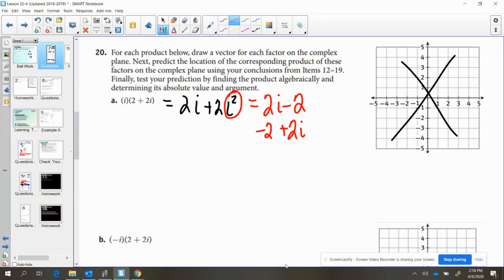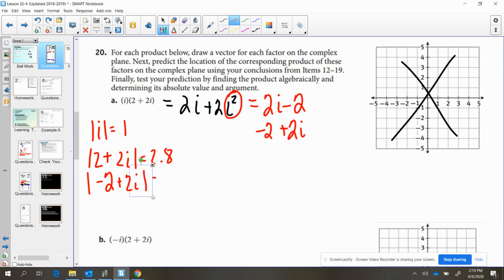So I'm going to write all that down. So we had absolute value of i was 1, absolute value of 2 plus 2i is 2.8, absolute value of negative 2 plus 2i, 2.8.